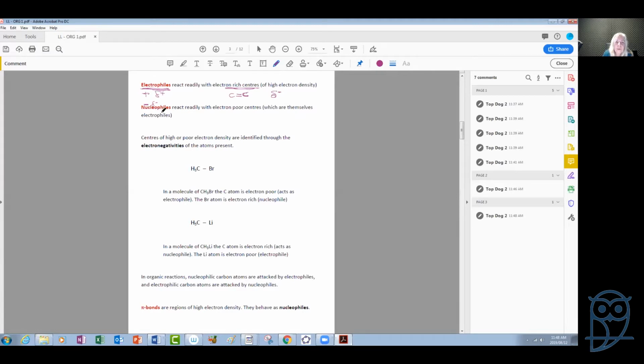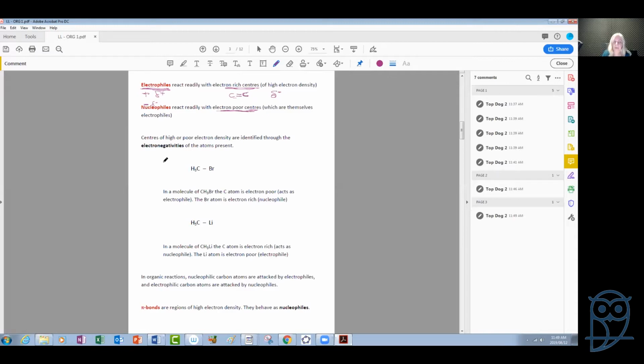So these nucleophiles react readily with electron-poor centers. And obviously, an electron-poor center is an electrophile, and an electron-rich center is a nucleophile. All right. So nucleophiles react readily with electron-poor centers, but this will make a lot more sense if we see them in real examples.